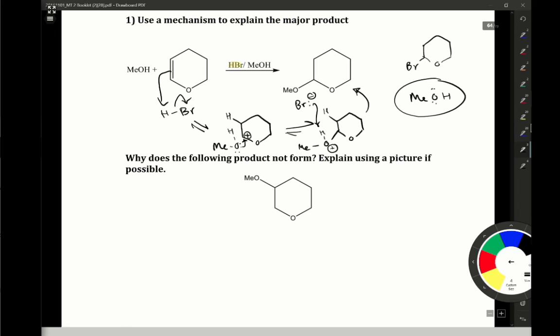Remember, methanol is not a very strong base. So I don't think you could pull off the SN2 with this one. You're going to have to go through like an SN1, or you're going to have to form a really good leaving group. Sorry, a really good stable carbocation. So that's a really good question.